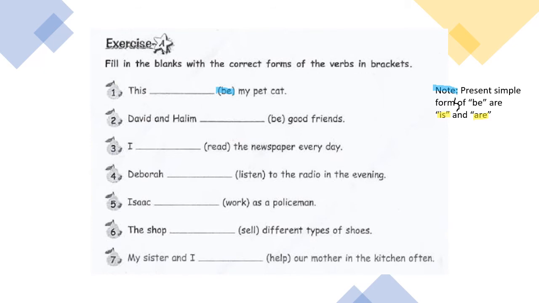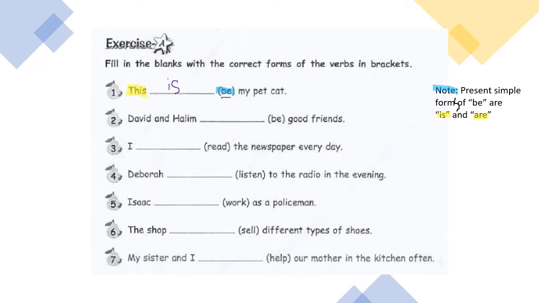Alright, so let's discuss the answers. "This be my pet cat." What do you think is the answer? How many cats? One only, right? So you use singular. What is the singular of "be"? "Is." So: this is my pet cat. Another tip is from the word "this."